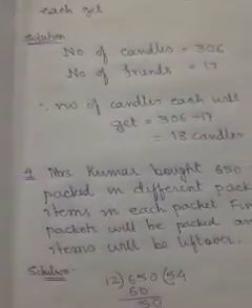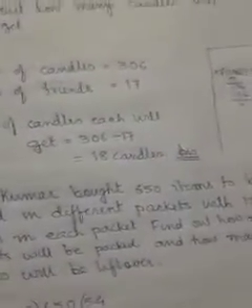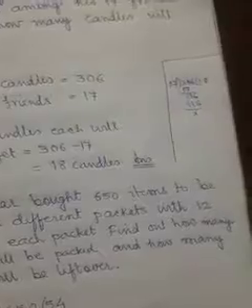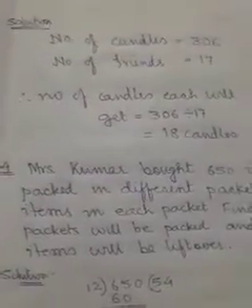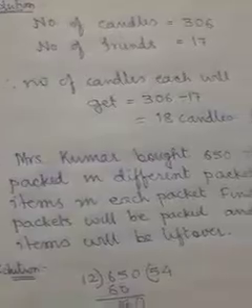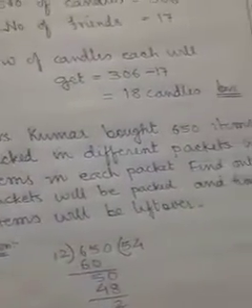Now number 4, Mrs. Kumar bought 650 items to be packed in different packets with 12 items in each packet. Find out how many packets will be packed and how many items will be left over.